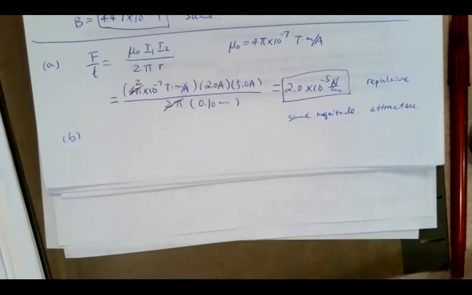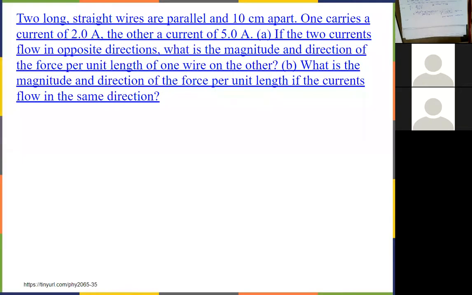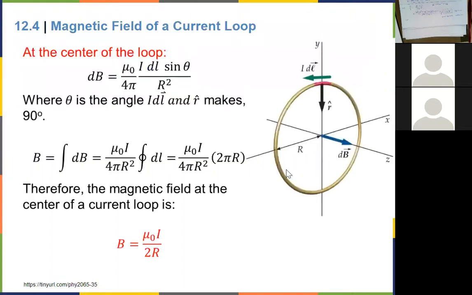Let me know if you have any questions on this. Okay, if not, then we'll move on to the magnetic field by a current loop. In this case, we'll be looking at the circular loop.